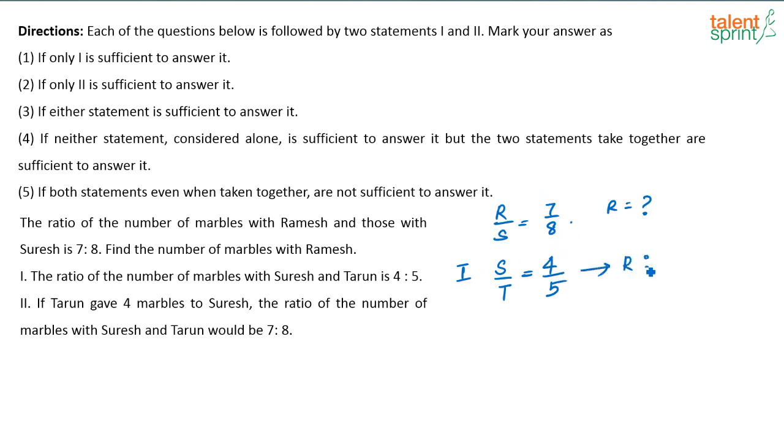I can find out R is to S is to T. I know R by S, I know S by T. So the maximum I can find out is R is to S is to T. I try to make S common in both the ratios by multiplying by 2 in the numerator and denominator, and the maximum I can say is R is to S is to T equals 7:8:10. This is all I can say using statement 1.